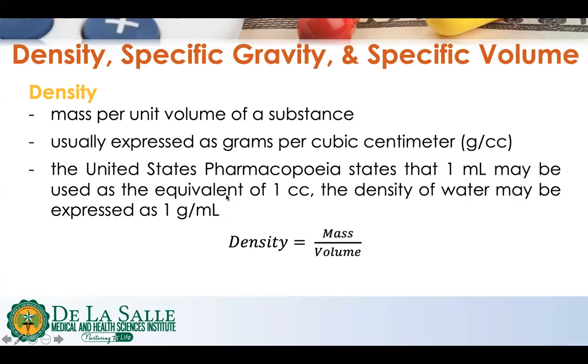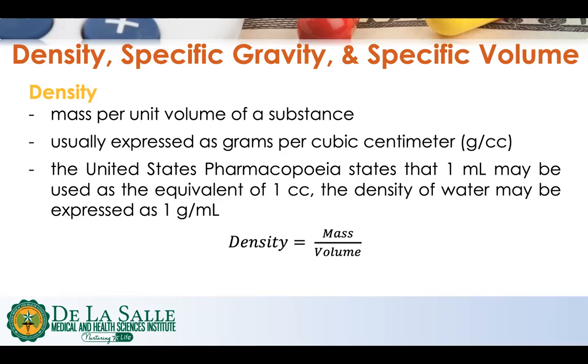Now, as a review, remember that density is defined as the mass per unit volume of a substance. Therefore, its formula is equal to mass divided by the volume. While the density can be expressed in many different ways, density is usually expressed as grams per cubic centimeter.